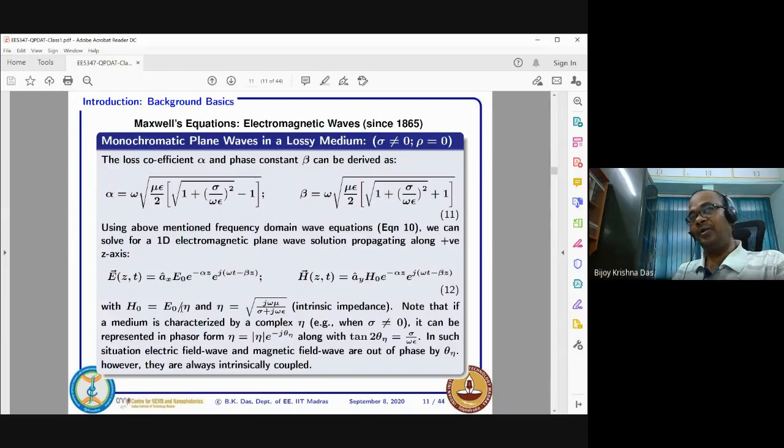Although they are coupled, electric field generating magnetic field and magnetic field generating electric field, rate of time varying, they are changing, but they are actually not in phase.